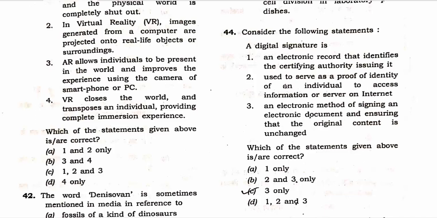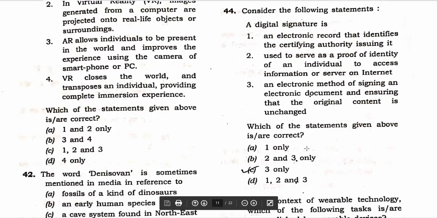So 3 becomes more of a logic to be seen. 2 could also be one of the answers, because we don't have 1 and 3 as an option. What we have is 1, 2 and 3. 1 you're very sure, 3 you're sure, then the answer should be 1, 2 and 3. Whether you understood or whether you have an idea or not, 2 should be an answer out here. So the answer for 44th is nothing but D, that is 1, 2 and 3.